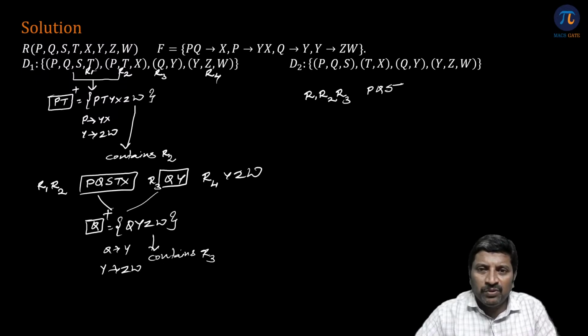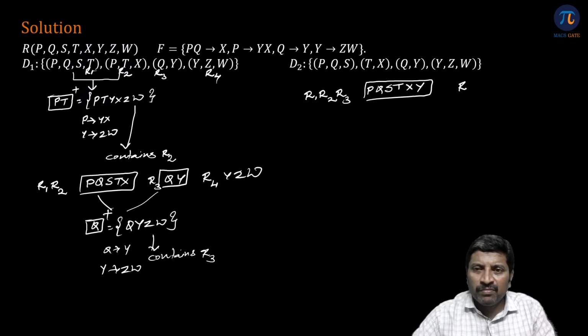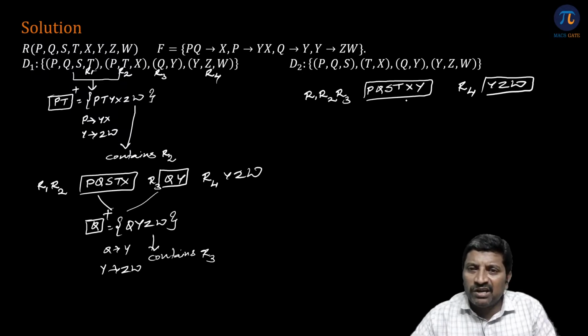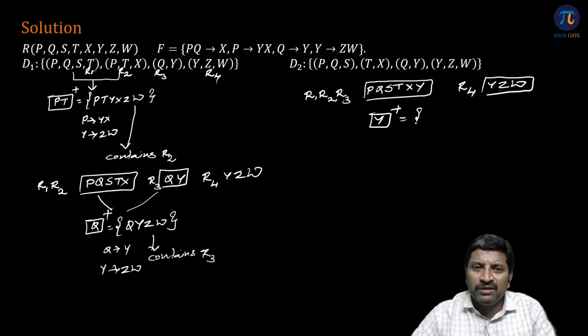P, Q, S, T, X, Y. Right? Now, what is the common attribute, sir? I think the common attribute is Y. What is the closure of Y?